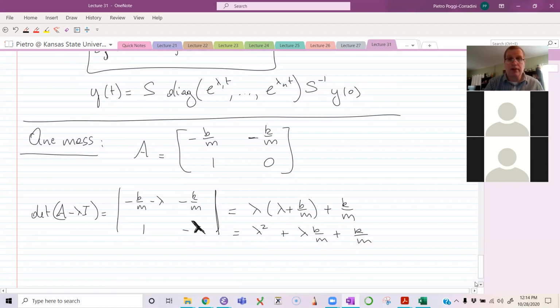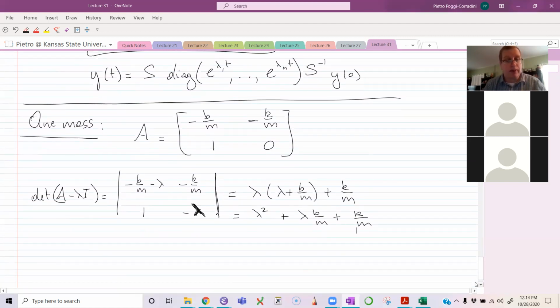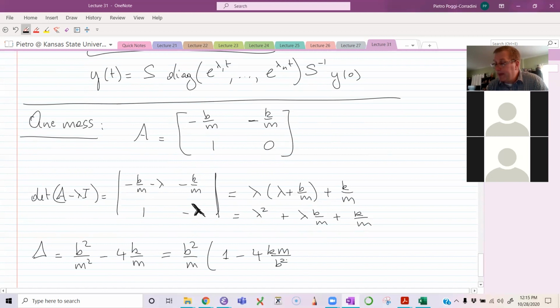We can compute the discriminant, b squared minus 4ac. So that's going to be b squared over m squared minus 4k over m. And if I factor out b squared over m squared, something like that.